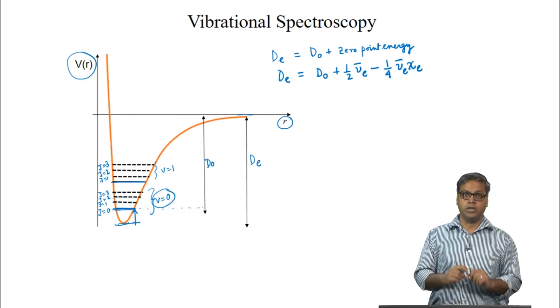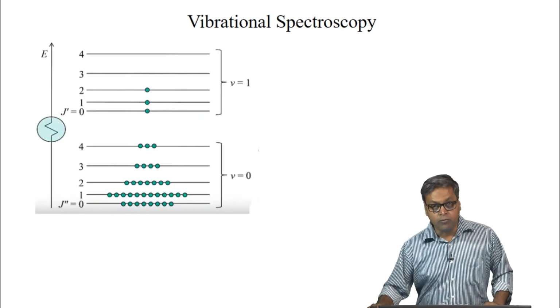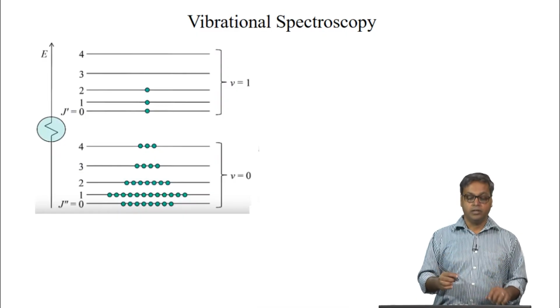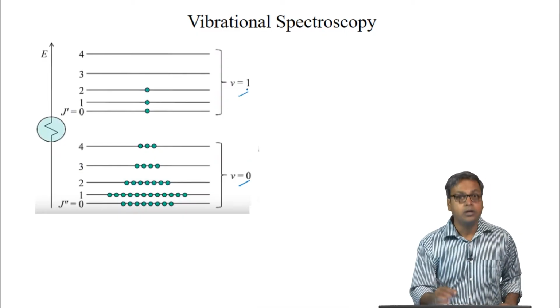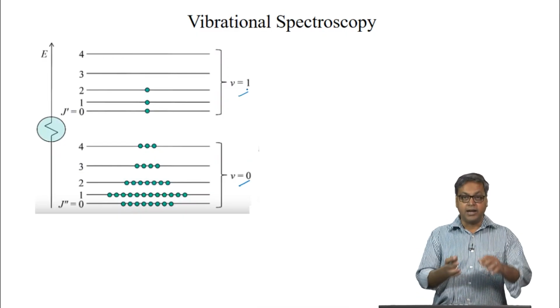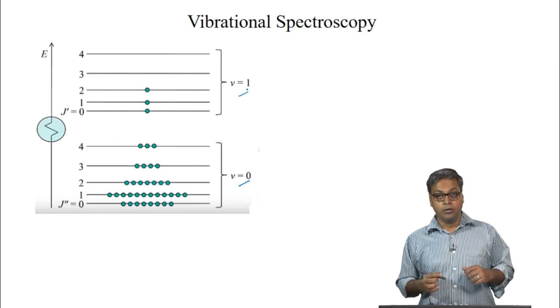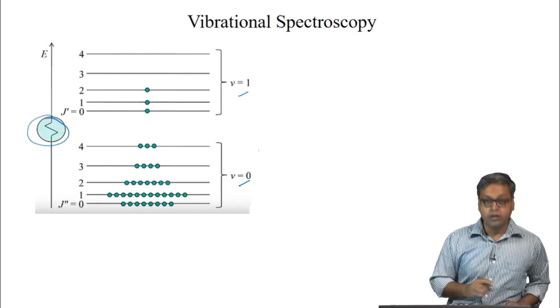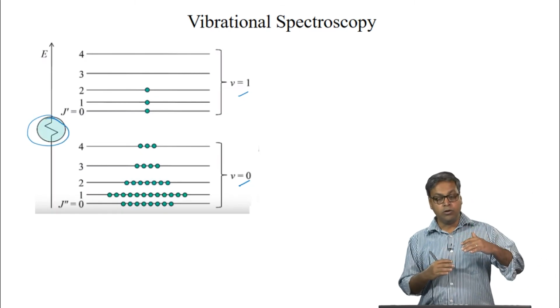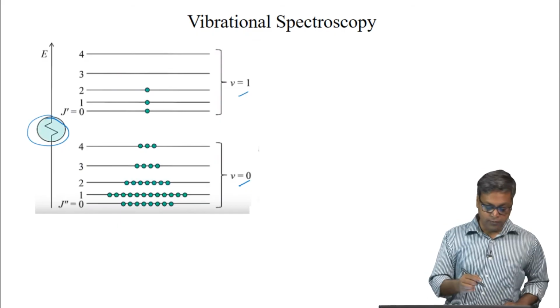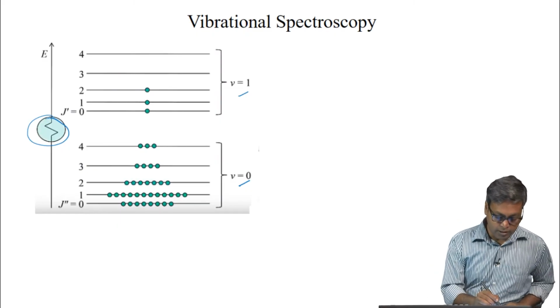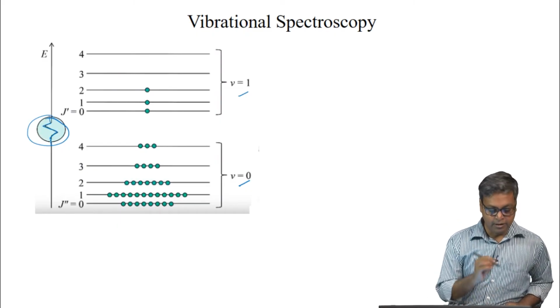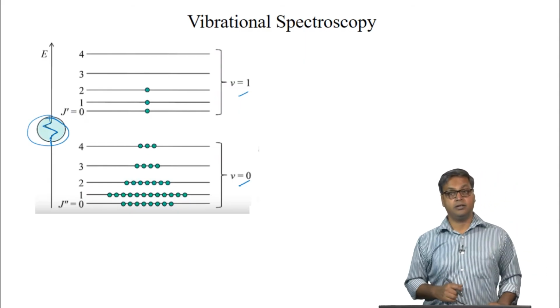If we focus now on the v equals 0 and v equals 1 levels and expand them, we see there is a big gap between the v equals 0 and v equals 1 levels. That is why we have this zigzag line on the y axis.